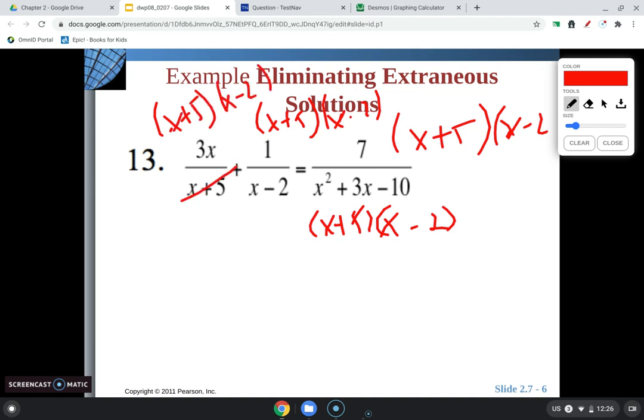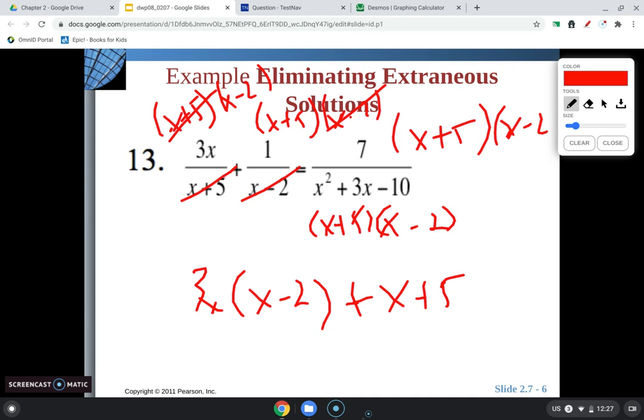Okay, so the x plus 5 cancels here, and so we have 3x times x minus 2. The x minus 2's cancel here, so we have plus 1 times x plus 5, which would be just x plus 5. And then the whole thing is going to cancel over here, so that equals 7.